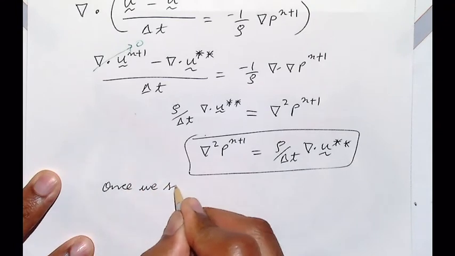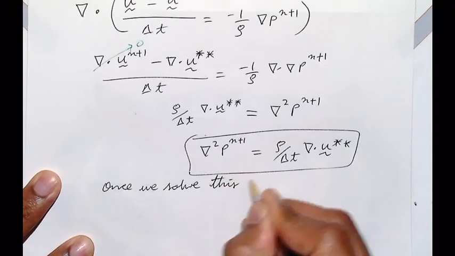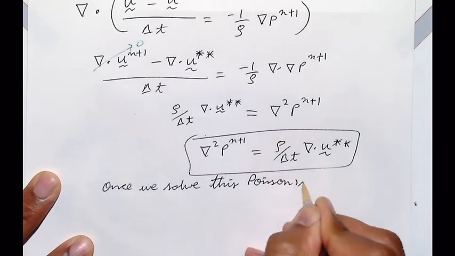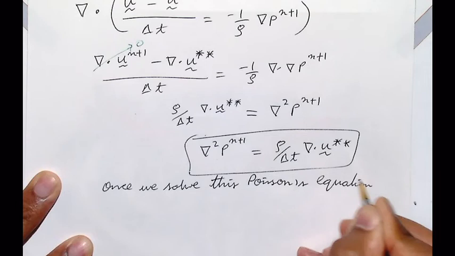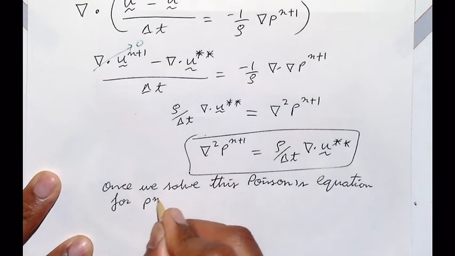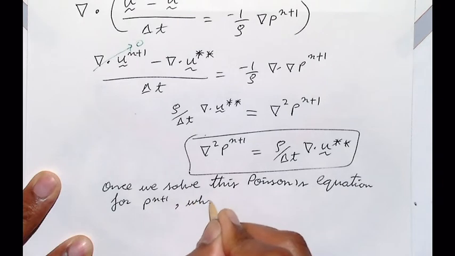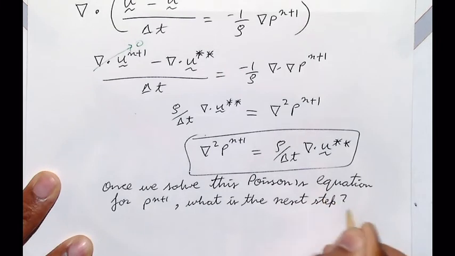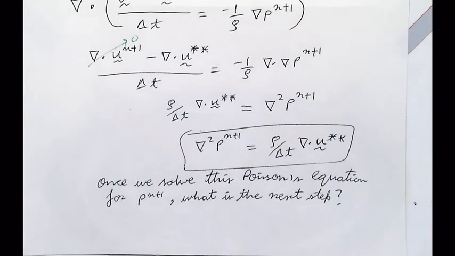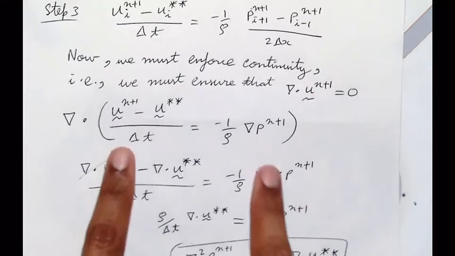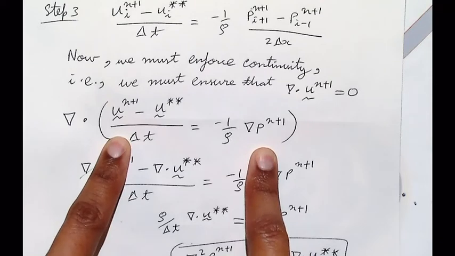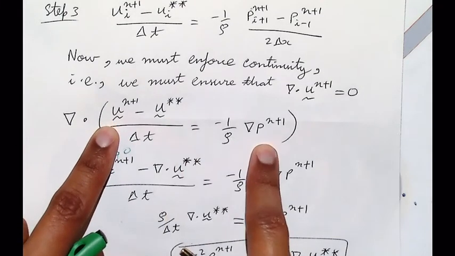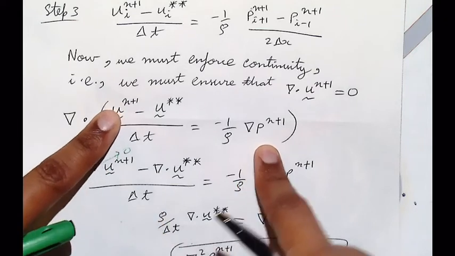Once we solve this Poisson's equation for p^{n+1}, what is the next step? Find u^{n+1}. How do I find u^{n+1}? By putting it in the discretized equation. This was my discretized equation. If I know u star star and p^{n+1}, my u^{n+1} can be computed easily.